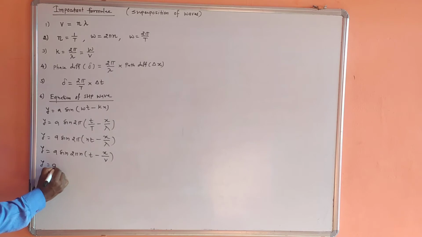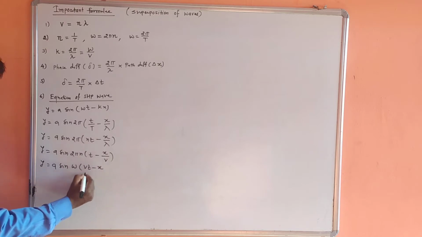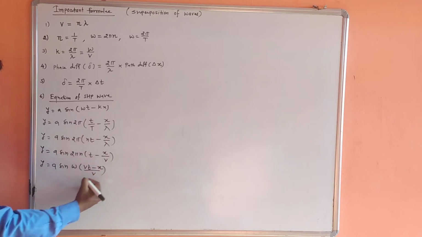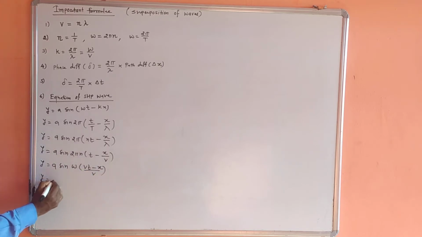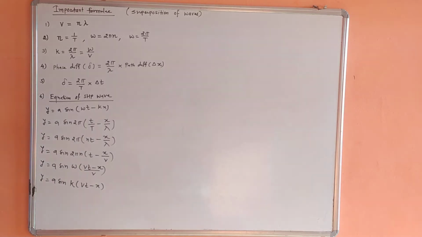So y is equal to a sine 2 pi n is omega, vt minus x upon v. So it becomes y is equal to a sine omega by v is nothing but k, vt minus x. So these are the various forms of equation of SHP wave.